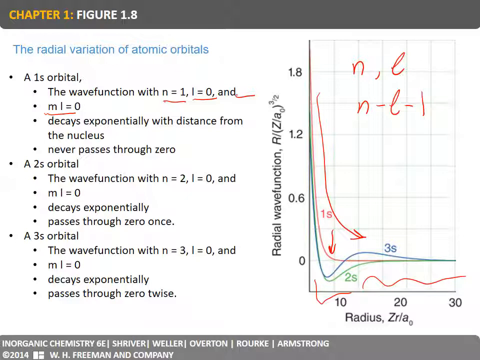That's how many nodes it would have. So an orbital 2s has one radial node. It's right here. Why? Because n is 2, and we have 2 minus 0 minus 1, right? l is 0.